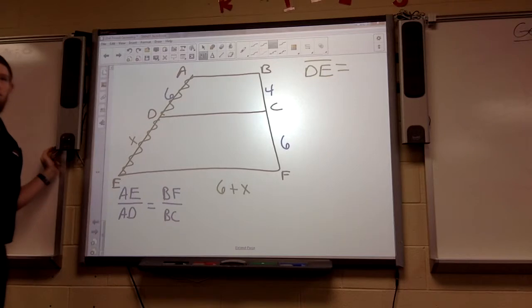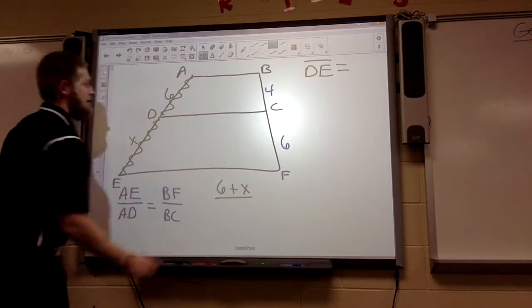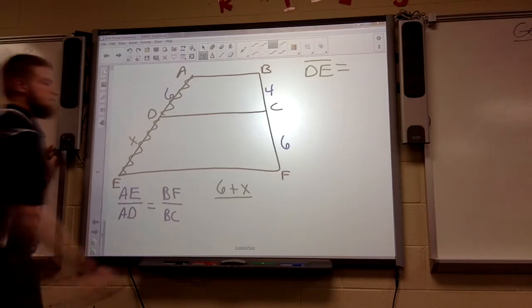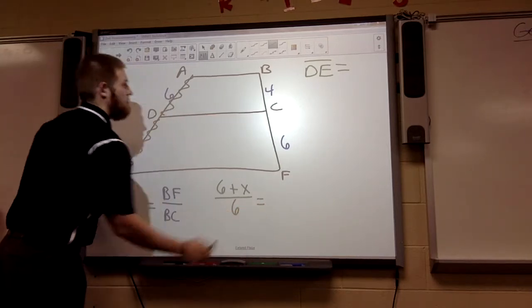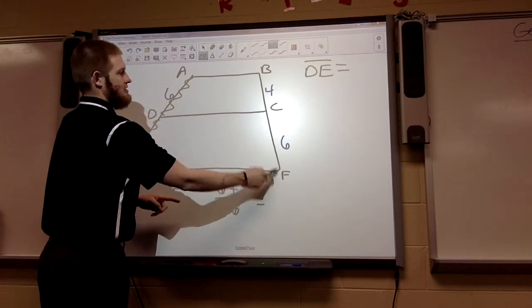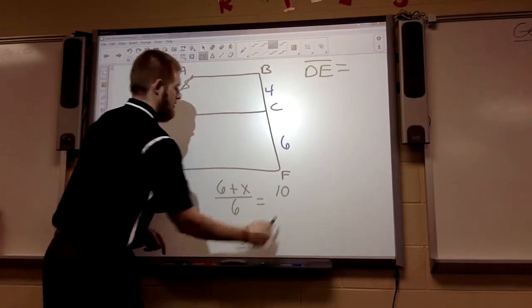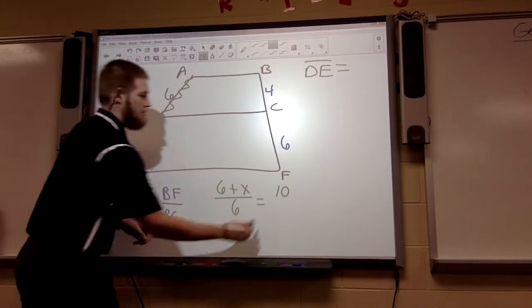You guys agree with that? So I have 6 plus x over, what's AD? 6, equals, what's BF? 10. BF is 10, because I have 4 here and I have 6 here. So BF is 10 and BC is 4.